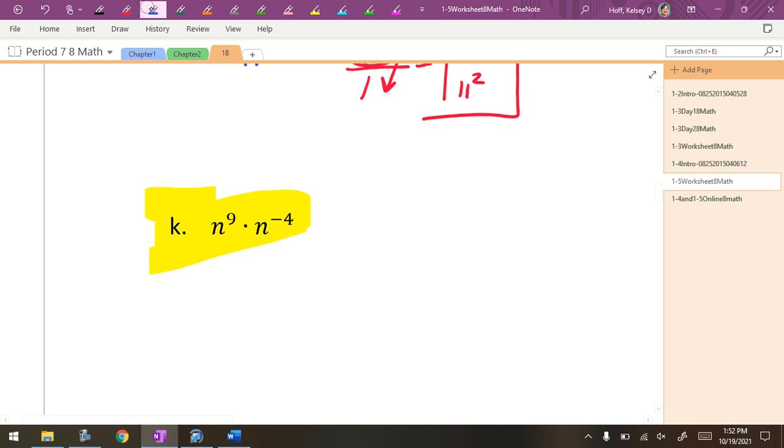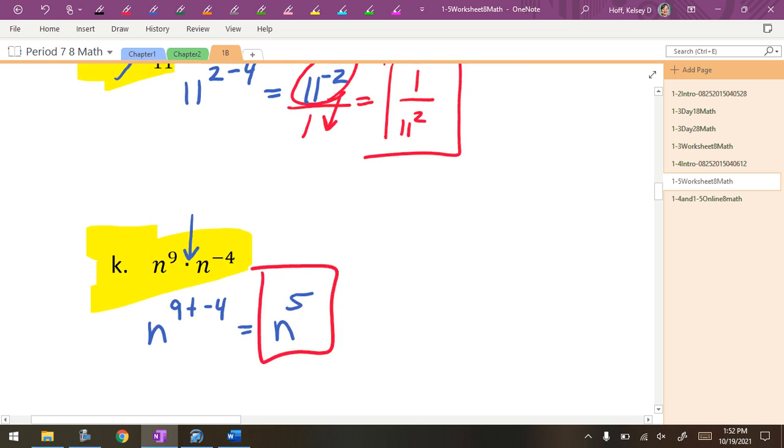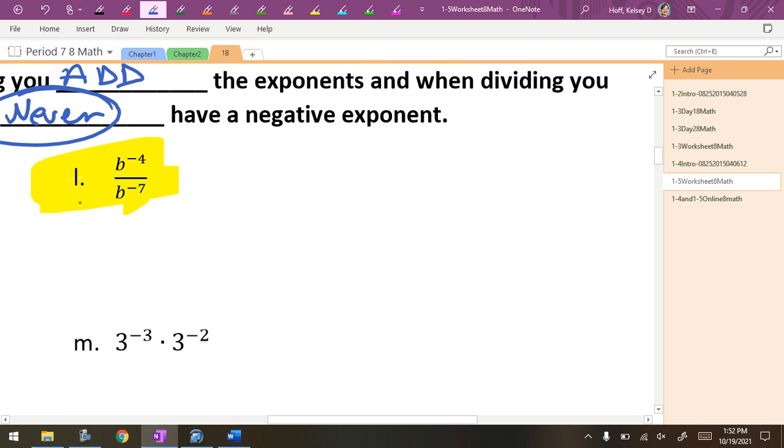Okay, multiplying or dividing? Multiplying. When you multiply, what do you do? Add 9 plus negative 4. Positive or negative? Can I leave this? I can? Cool. L up at the top. Multiplying or dividing?